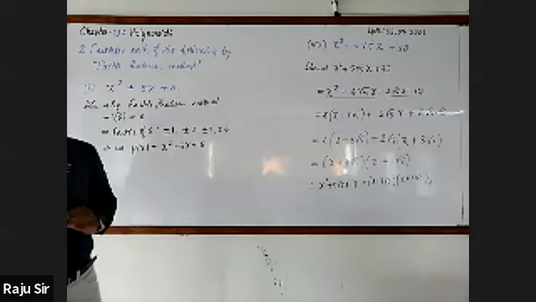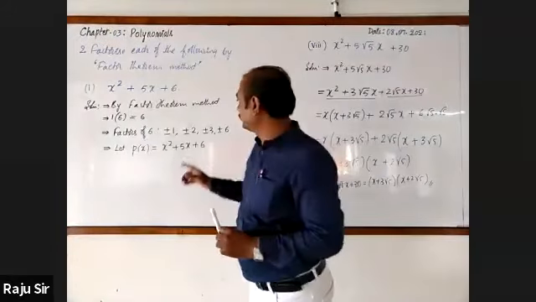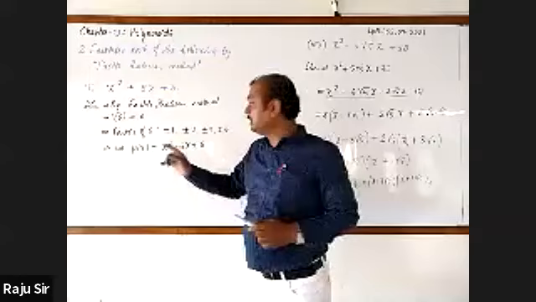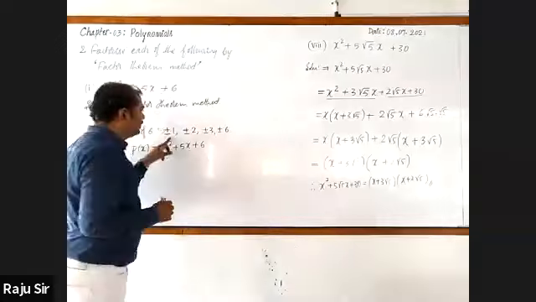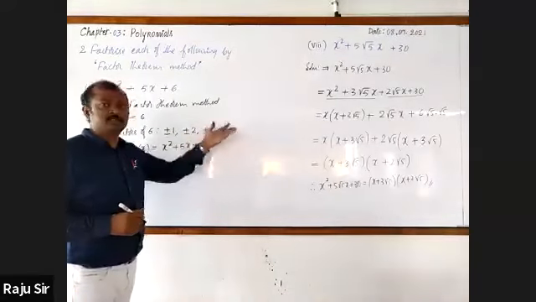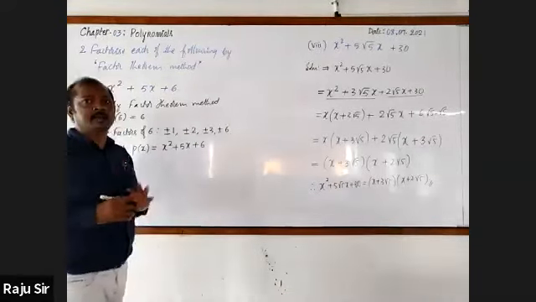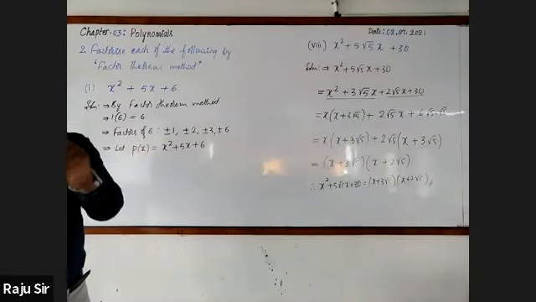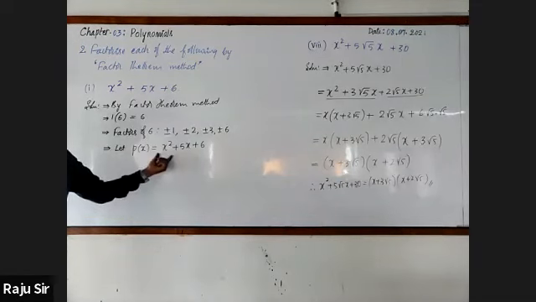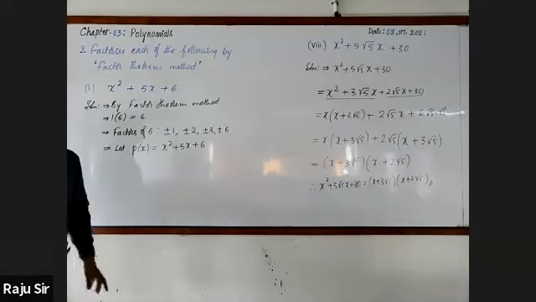Now by trial and error method, we have to find out which among these is the zero of this polynomial. We have plus 1, minus 1, plus 2, minus 2, plus 3, minus 3, plus 6, minus 6. Among these, there will be two numbers which are the zeros of the polynomial x square plus 5x plus 6.